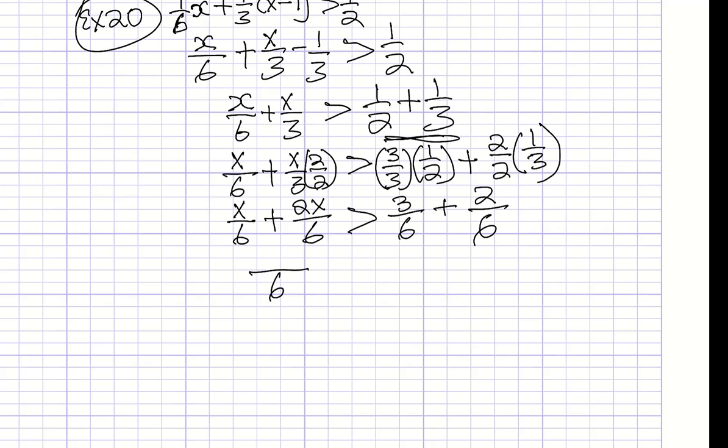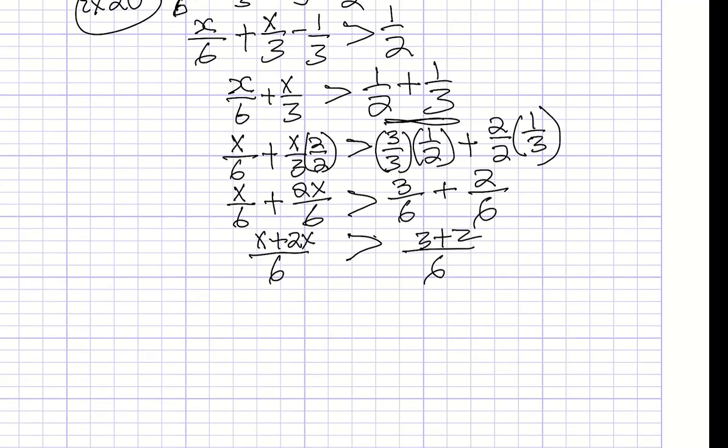What is that? It is x plus 2x. Let me do all the steps. That way you can see, because some people, if I jump, they don't see it. And then 6 in the denominator is 3 plus 2. You see it, right? And then we'll have 3x over 6 greater than 5 over 6.